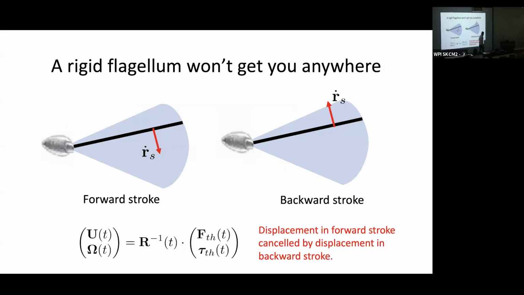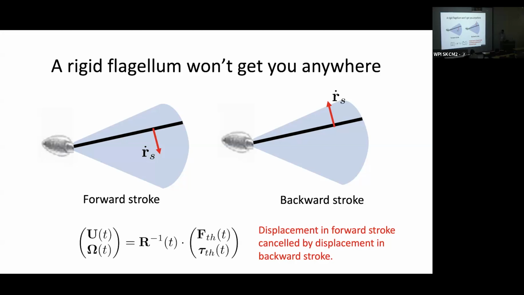You can see, at least if the two strokes take half a period each, that the thrust force in this instant of time will cancel the thrust force in this instant of time, because Stokes equation is linear, right? So I expect a minus sign relating the thrust forces in those two configurations.